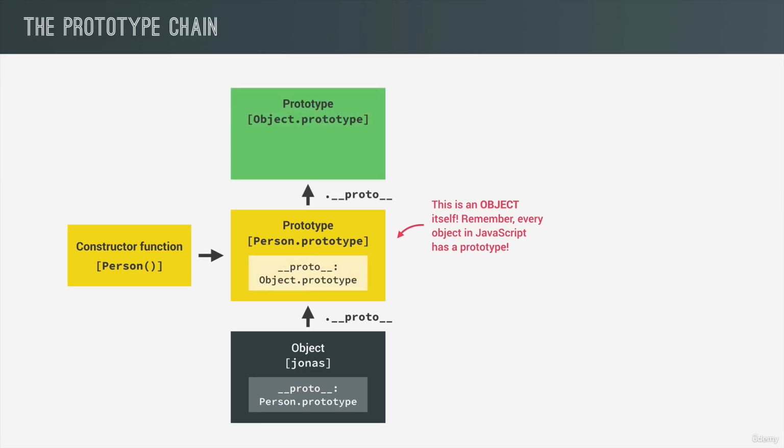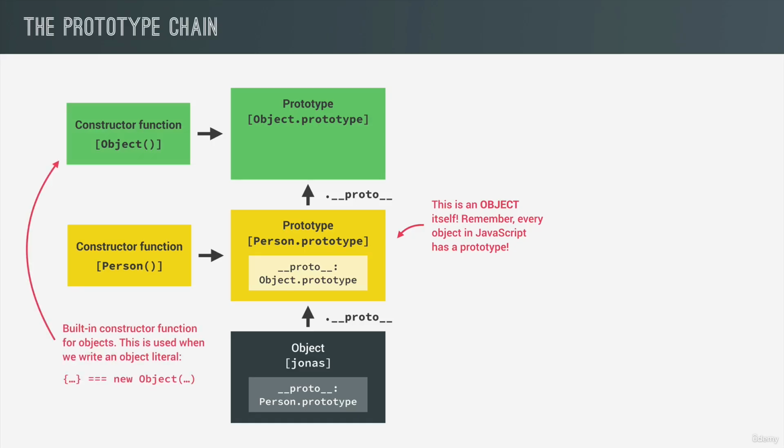Why is that? Well, Person.prototype is just a simple object, which means that it has been built by the built-in Object constructor function. And this is actually the function that is called behind the scenes whenever we create an object literal. So just an object simply with curly braces. So essentially the curly braces are just like a shortcut to writing new Object.